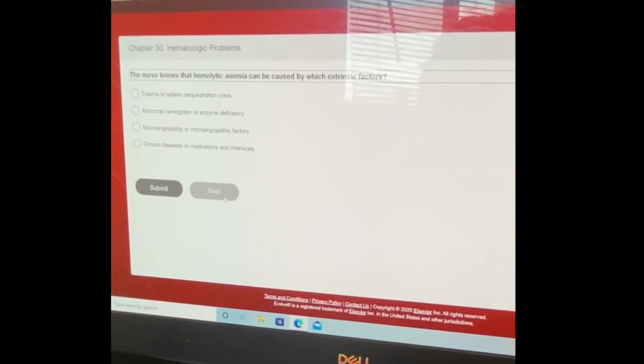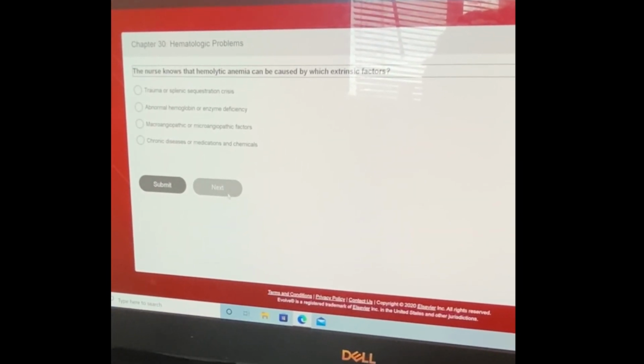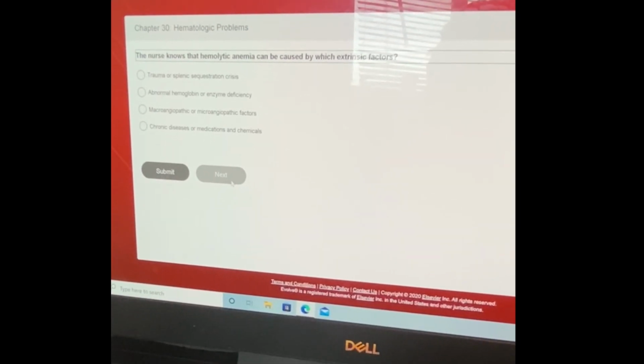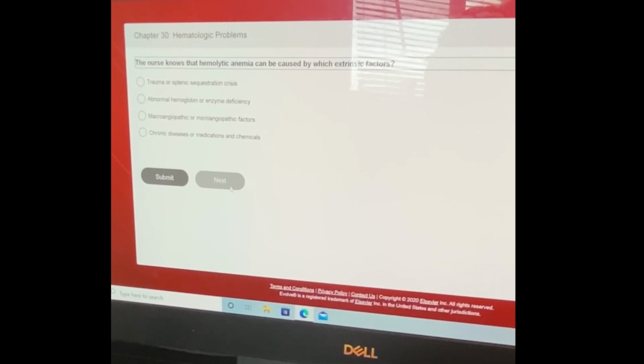The nurse knows that hemolytic anemia can be caused by which extrinsic factors? Okay, so extrinsic factors.